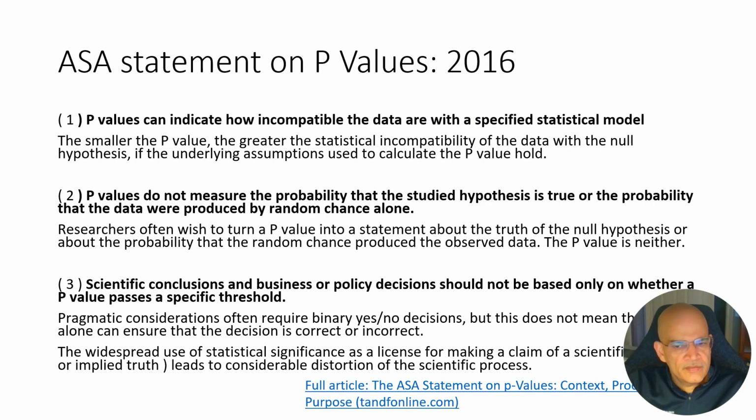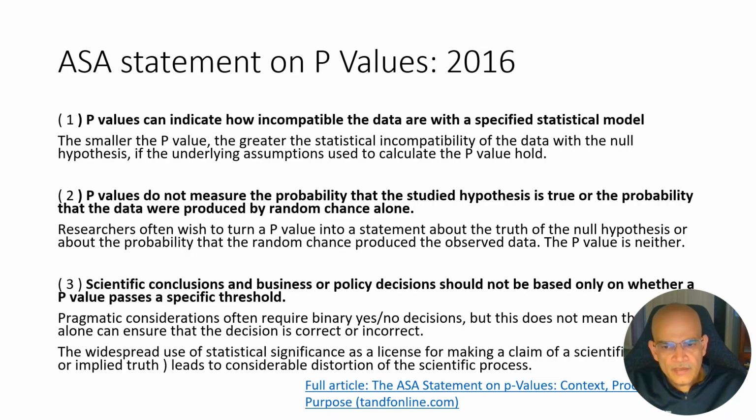Then there are some ASA statements on the p-values. P-values indicate how incompatible the data are with a specified statistical model. The smaller the p-value, the greater the statistical incompatibility of the data with the null hypothesis, if the underlying assumptions used to calculate the p-values hold. P-values do not measure the probability that the studied hypothesis is true or the probability that the data were produced by random chance alone. So this is very important. P-values just tell you how incompatible your data is with your null hypothesis.